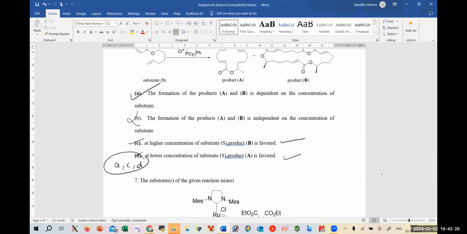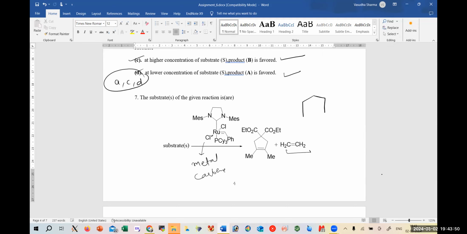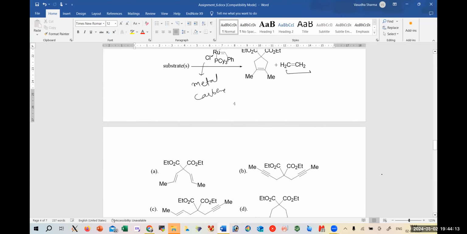So this could only be possible if we are having a substrate kind of this way, having here methyl, and there is methyl and there is double bond, and there only you could form.